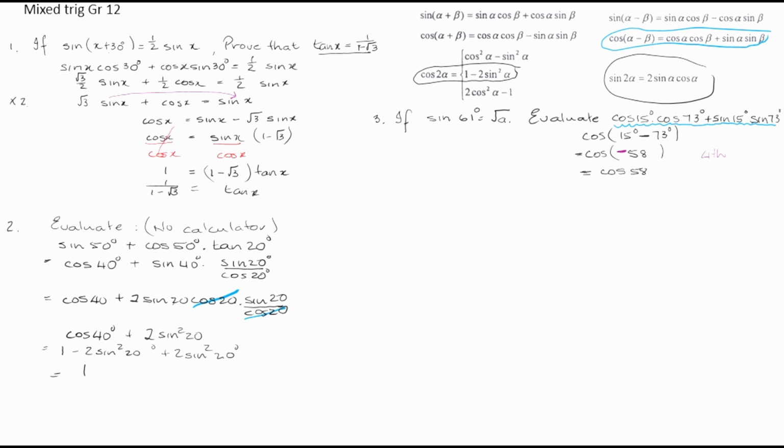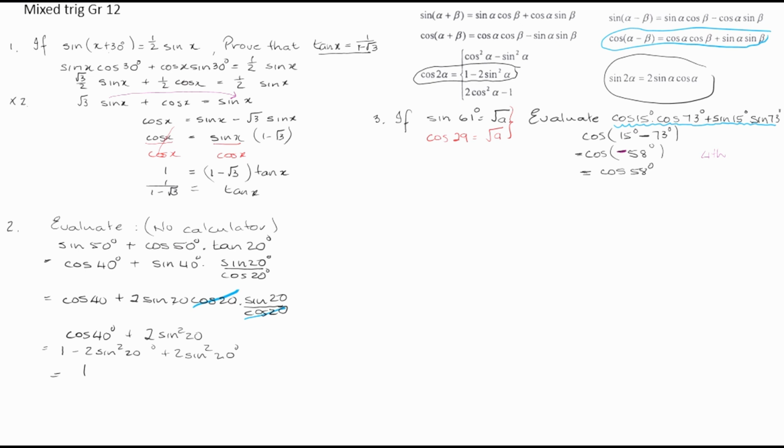Right, so now I don't see a relationship between cos of 58 and sine of 61. So what I usually do is I go and do the compound angle, which is going to be 90 minus 61 is 29, and that will also be root A. So those are the same, and now I see a link. 29 is half of 58. So let's continue over here.